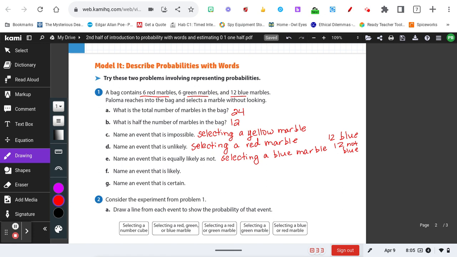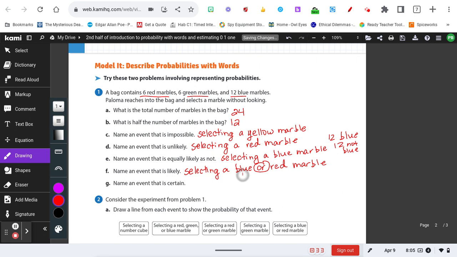Name an event that is likely. So I'm going to put 2 of them together. An event that would be likely would be maybe selecting a blue or a red marble. Because if I use the word or, I have to put them together.